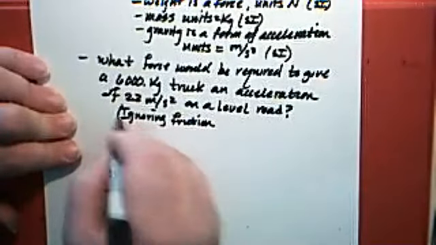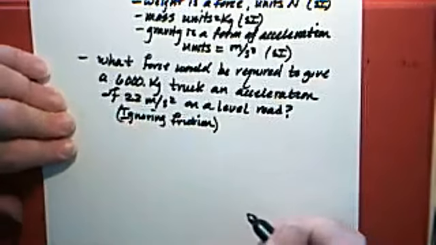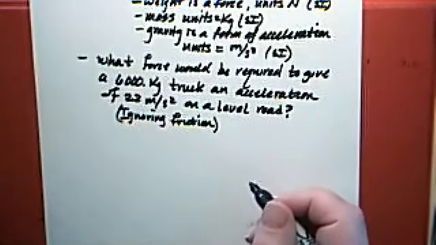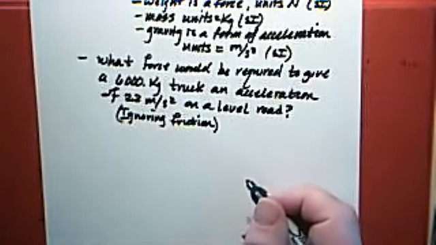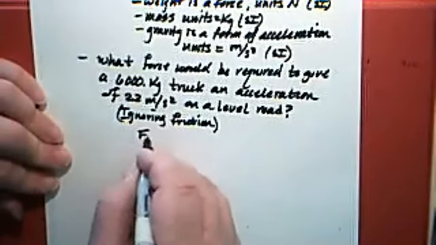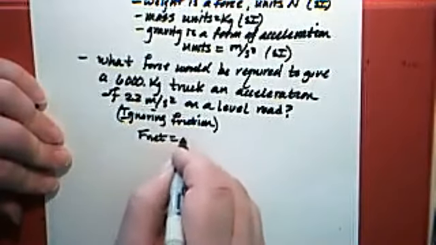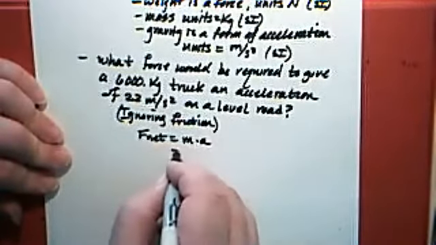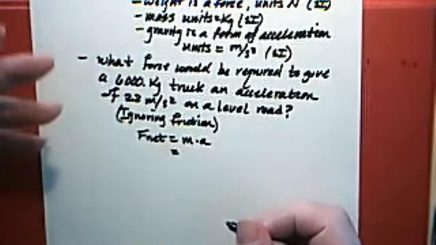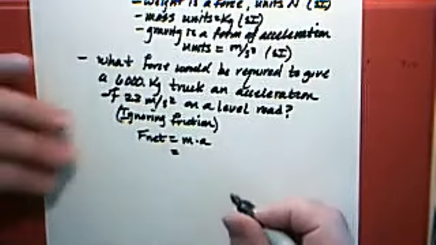And so, ignoring friction, which is the kind of thing that we often do in physics in order to simplify things, we have F net equals ma. Mass and acceleration were already given in the standard SI units, so you don't have to change them.